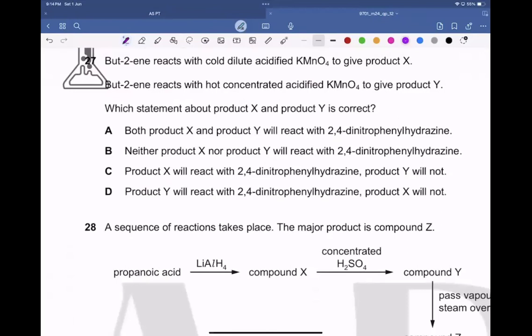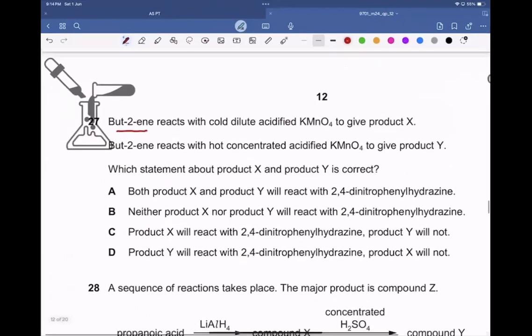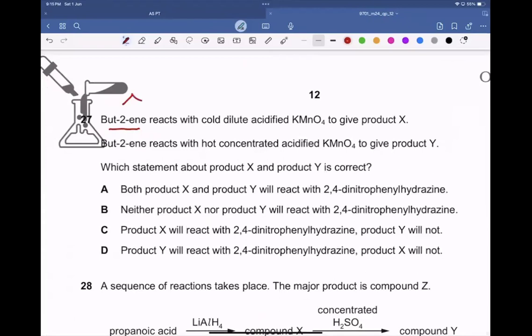Now question number 27. Butene. If I draw butene, there are 4 carbon atoms and a double bond makes it butene. It reacts with cold acidified KMnO4 to give product X. So OH and OH on both of them.